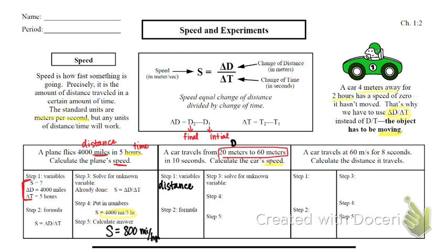They gave us 2 of them. So we have our first distance and our second distance. And then what else did they give us? They gave us time. They only gave us 1 time though. So what's that about?